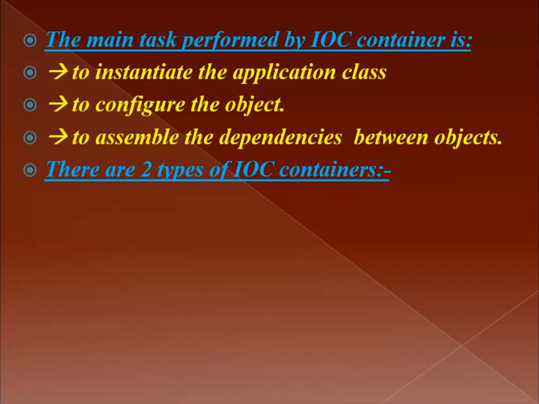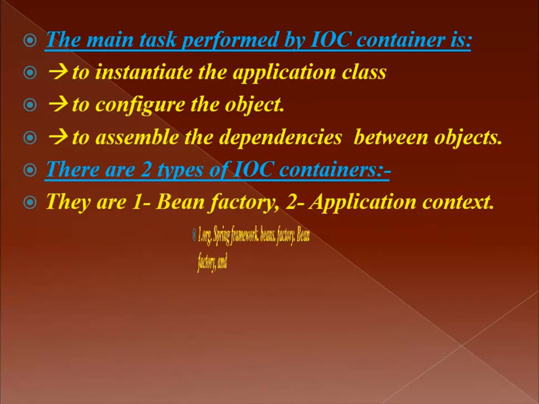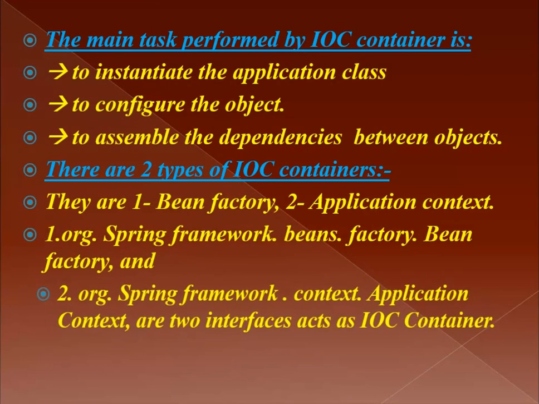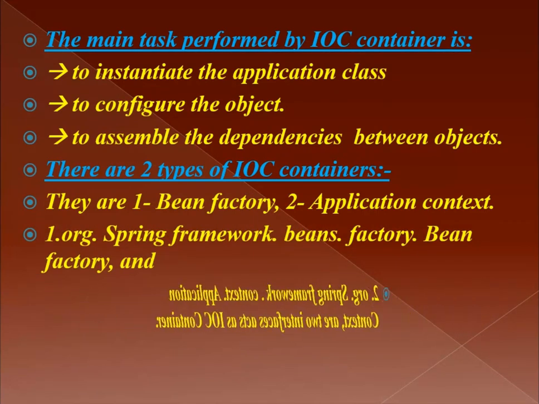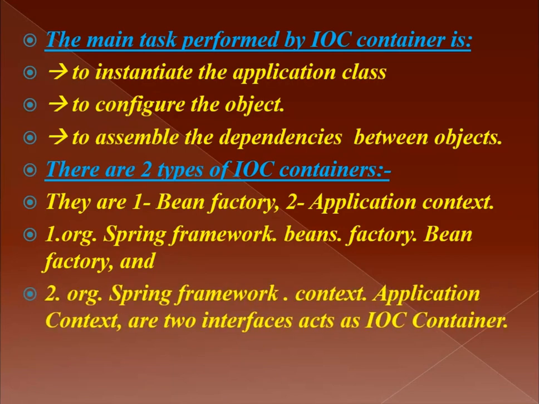It also assembles the dependencies between the objects and maintains the relationships between them. There are two types of IOC container: bean factory and application context. The bean factory is present in org.springframework.beans.factory, and the application context is in org.springframework.context.ApplicationContext. These two containers are present in these two packages.